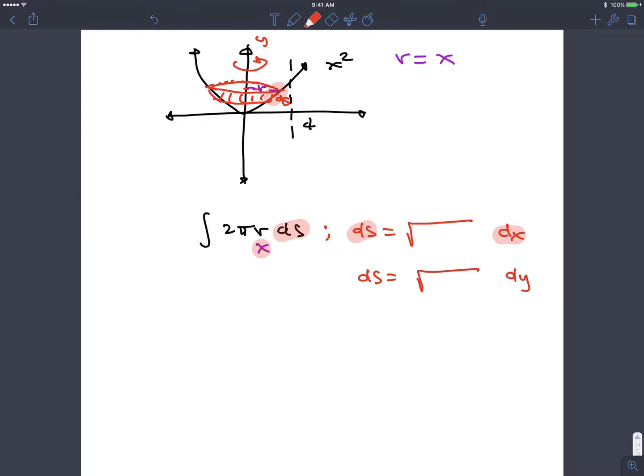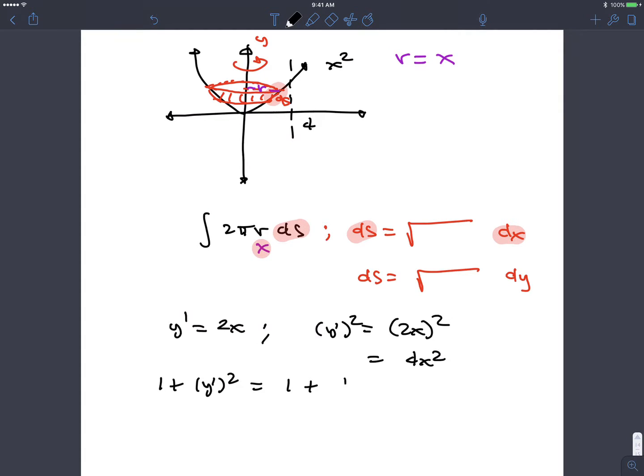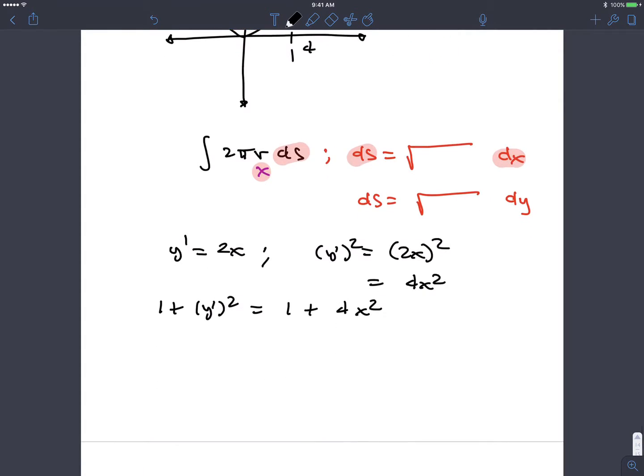In this example, we're transitioning because there are 4 types of surface area integrals. Your radius is x. Now what happens here is, what's y prime? That's 2x. What's y prime squared? That's 2x squared, or 4x squared. What's 1 plus y prime squared? 1 plus 4x squared. Take the square root of these things.